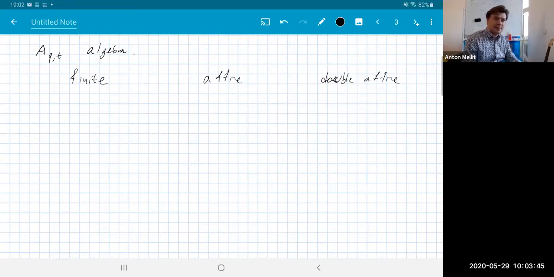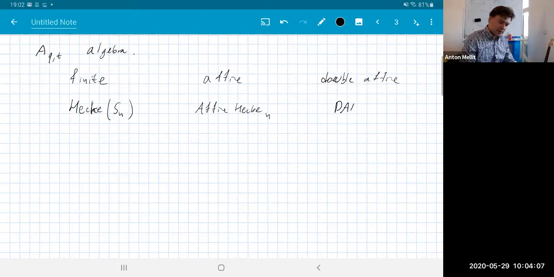Let's start making rows in this table. So finite would be the Hecke algebra of Sn. Then there's the affine Hecke algebra, and there is the double affine Hecke algebra by Cherednik.